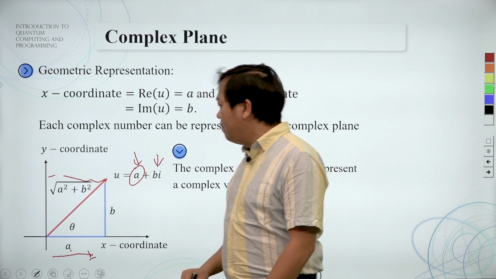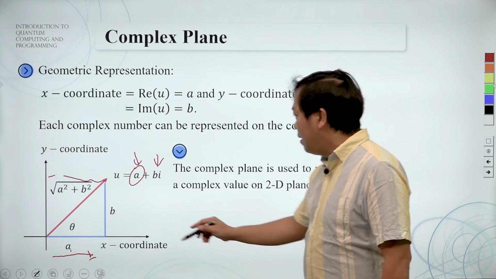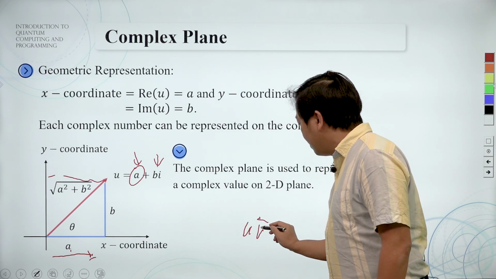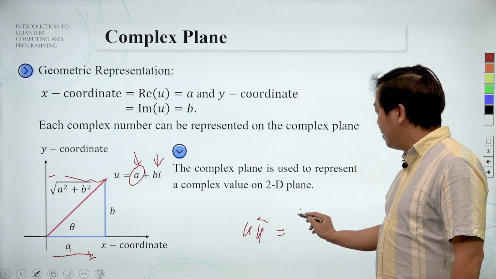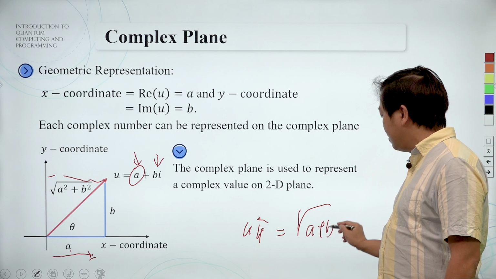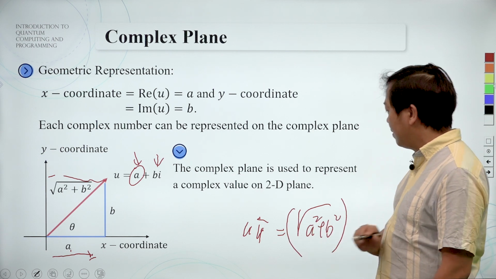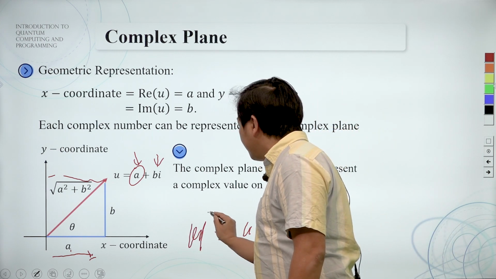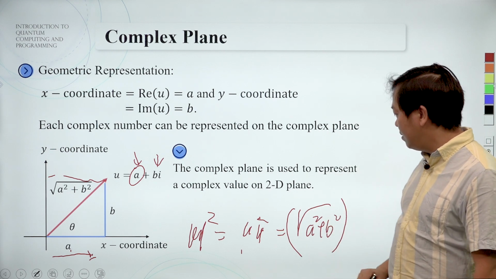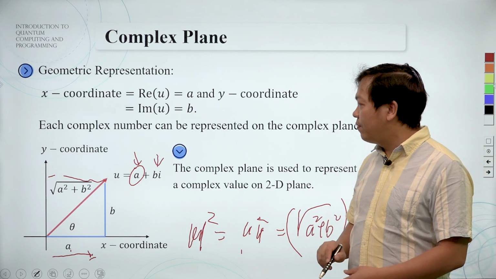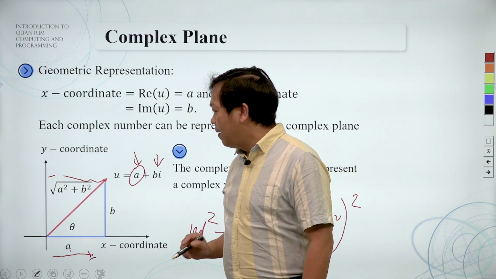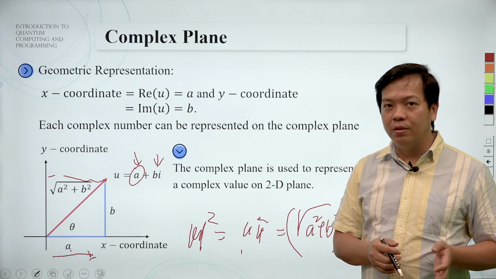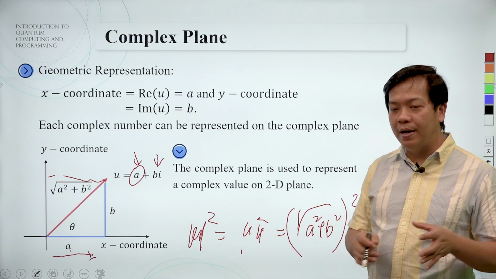And it's very important over here, we have U. This form is very important in the future when you want to transfer to the Euler formula and in quantum.